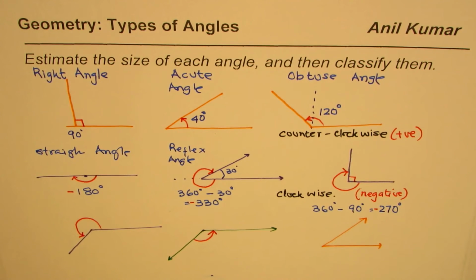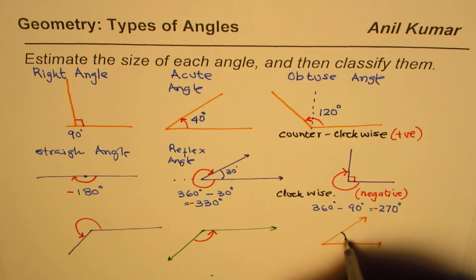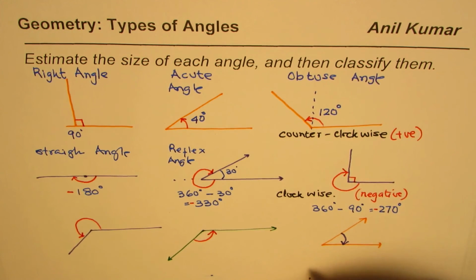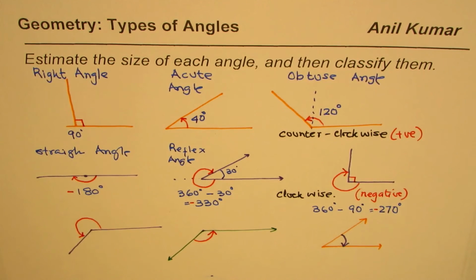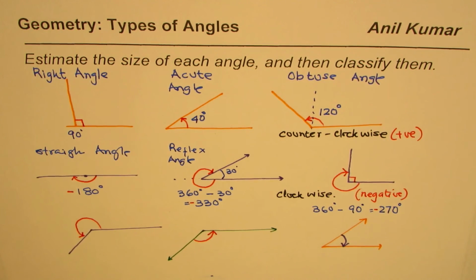Okay, and what you need to do is measure the angle from here to there, right? So that is the angle which I would like you to classify. So what are these angles? What is their measurement? And what is a name which you can give to these angles? Okay, so that is what you need to tell me.